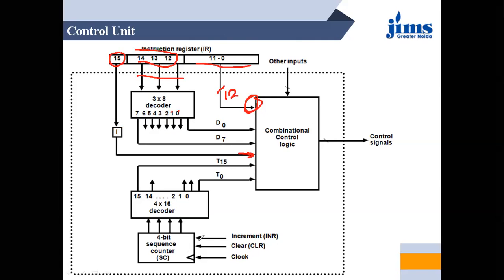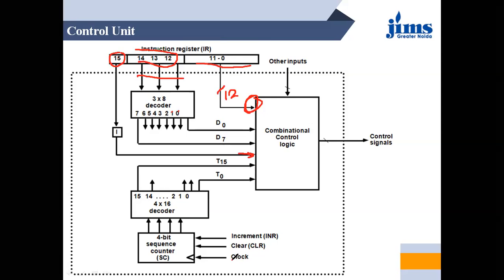This is also a decoder as well as a sequence counter. What happens in the sequence counter? This controls the sequence and it keeps track of what is the address or which operation we have to perform.